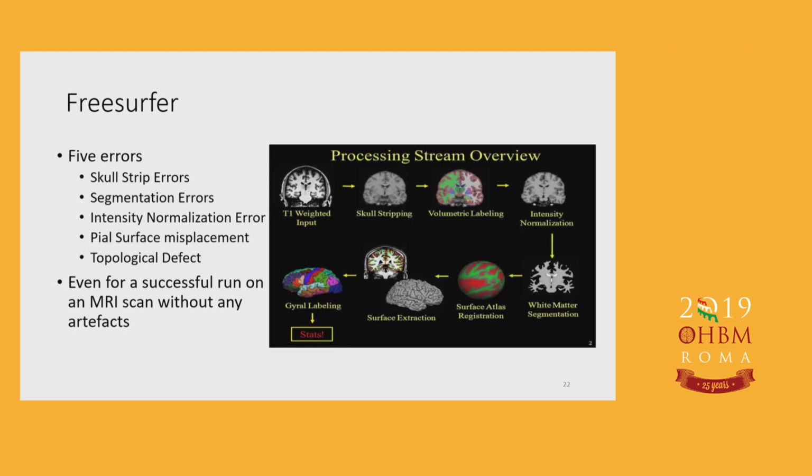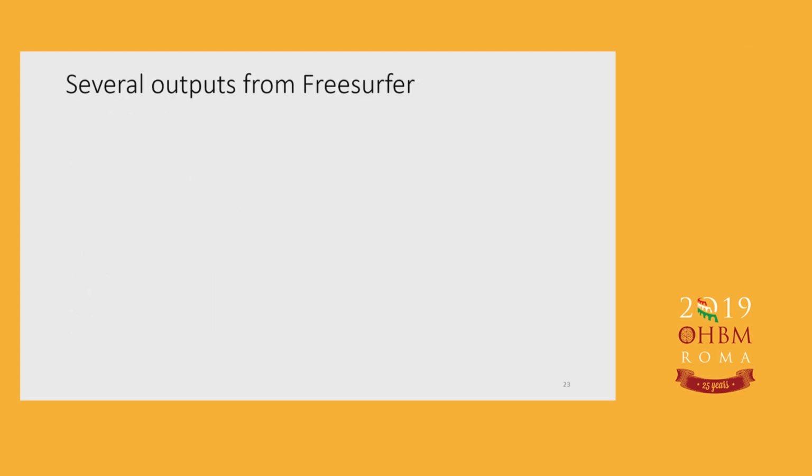And this is even for a successful run on an MRI scan without any major issues like disease. Because it's a difficult task, these errors tend to happen. So the easiest way to assure its quality is to perform visual review as QC.